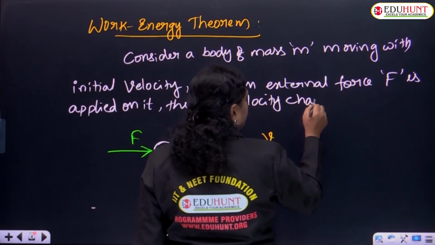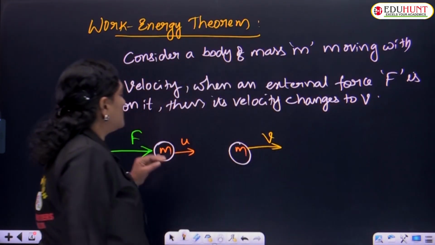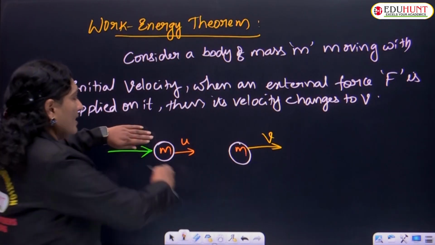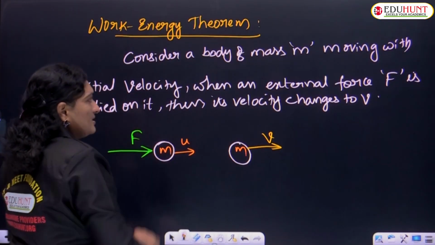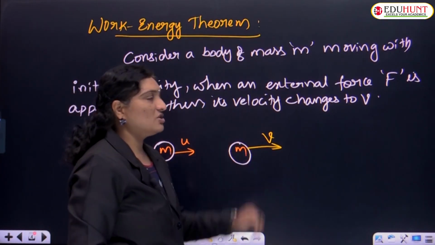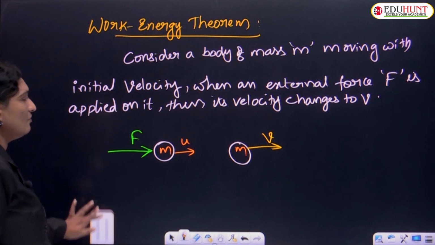That's it. So consider a body of mass m moving with velocity u. Whenever an external force F is applied on it, its velocity changes to v.